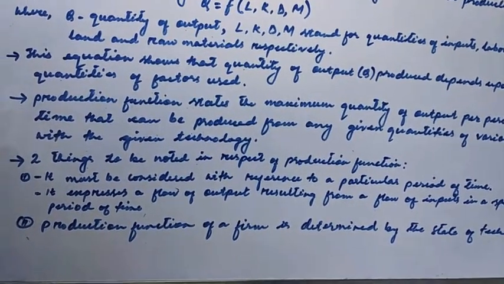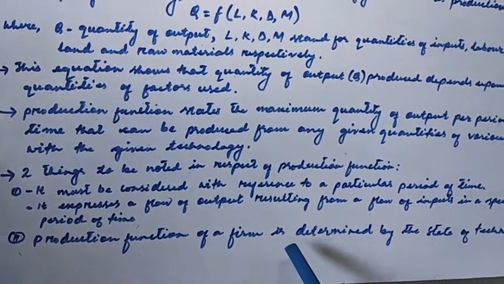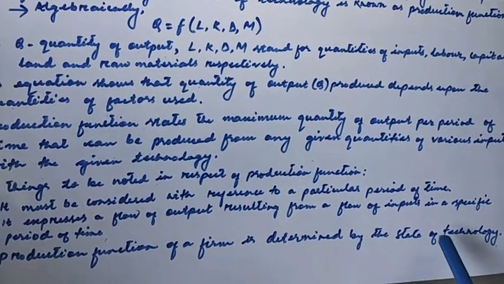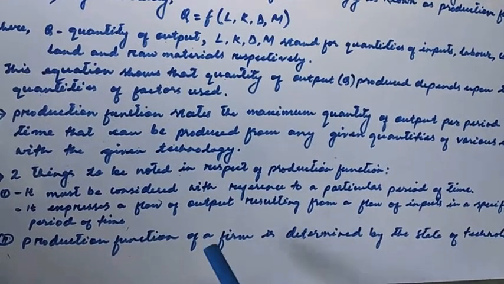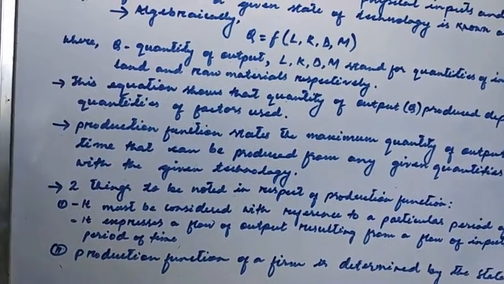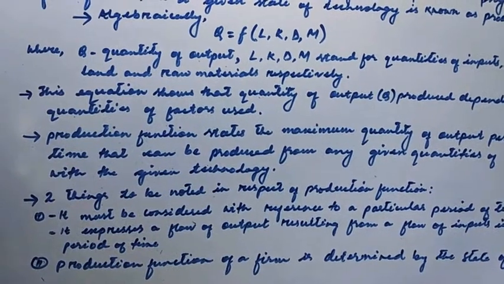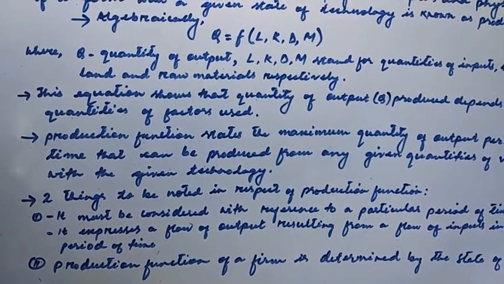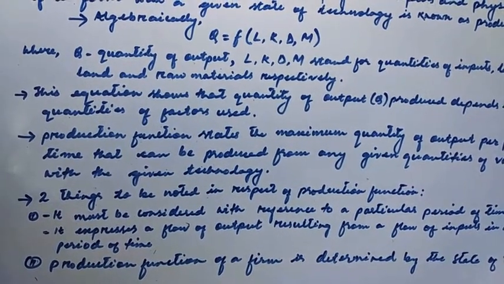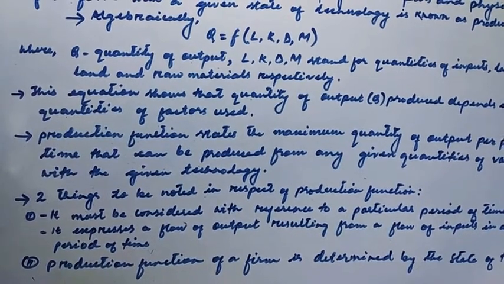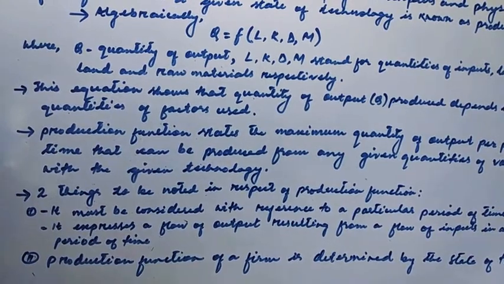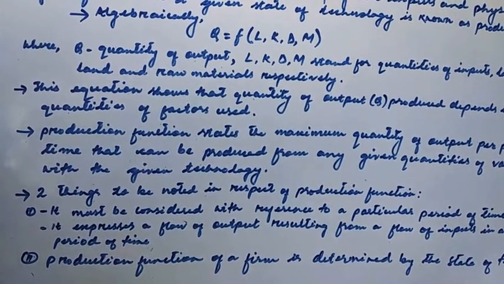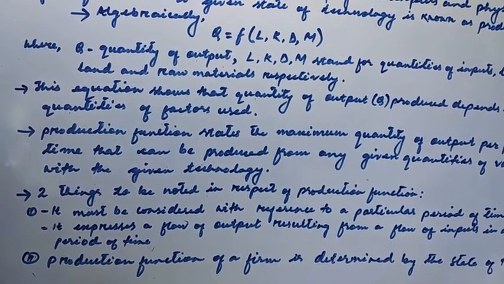And secondly, production function of a firm is determined by the state of technology. So the state of technology is also considered. State of technology would mean when the technology advances, the production function changes, with the result that greater flow of output can be obtained from the given inputs, or smaller quantities of inputs can be used for producing a given quantity of output.